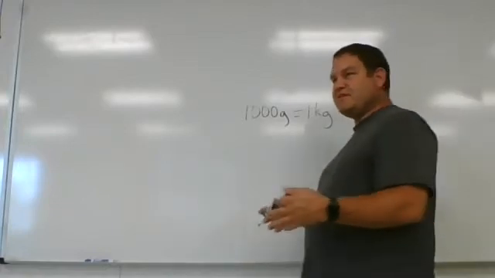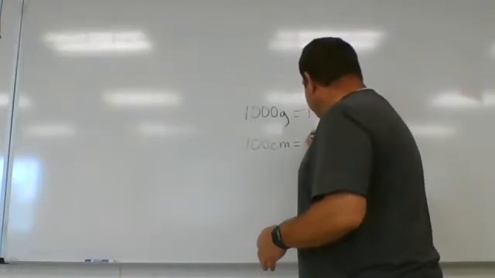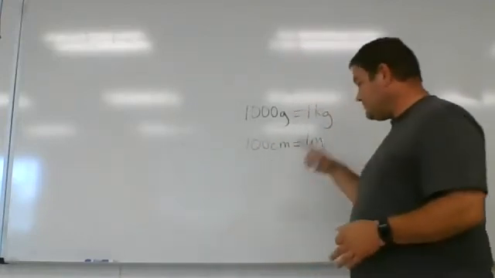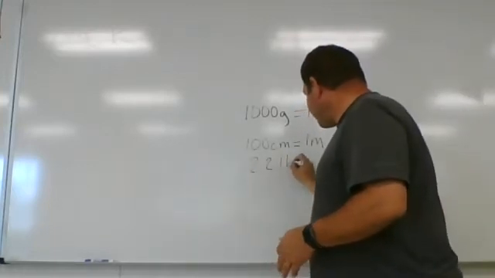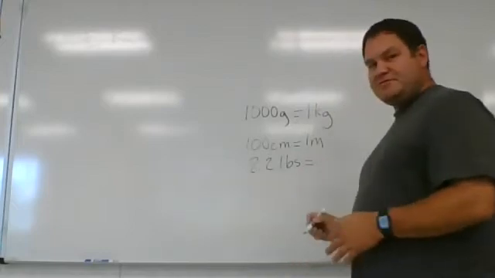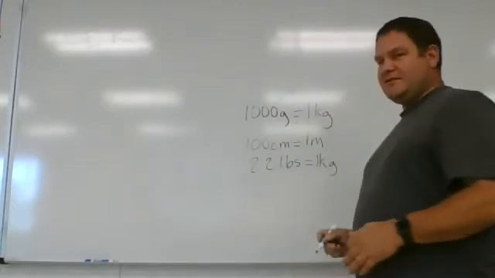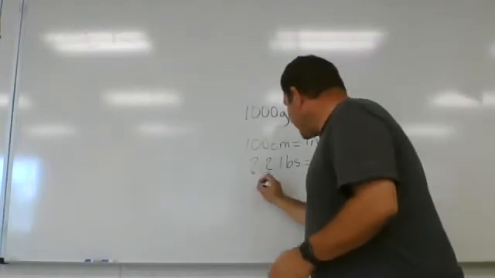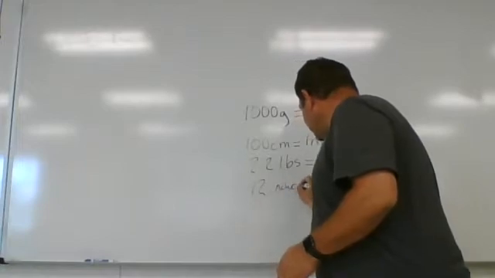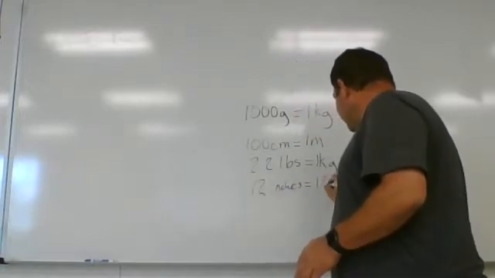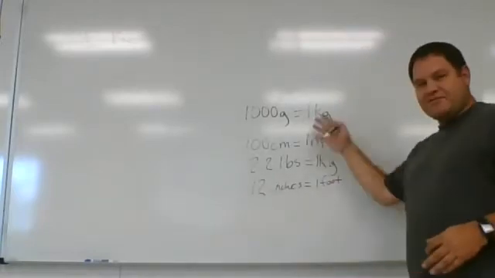We also may know something like 100 centimeters is equal to 1 meter, right? Or like 2.2 pounds is equal to 1 kilogram. We know that like 12 inches is equal to 1 foot, okay? And so forth and so forth.